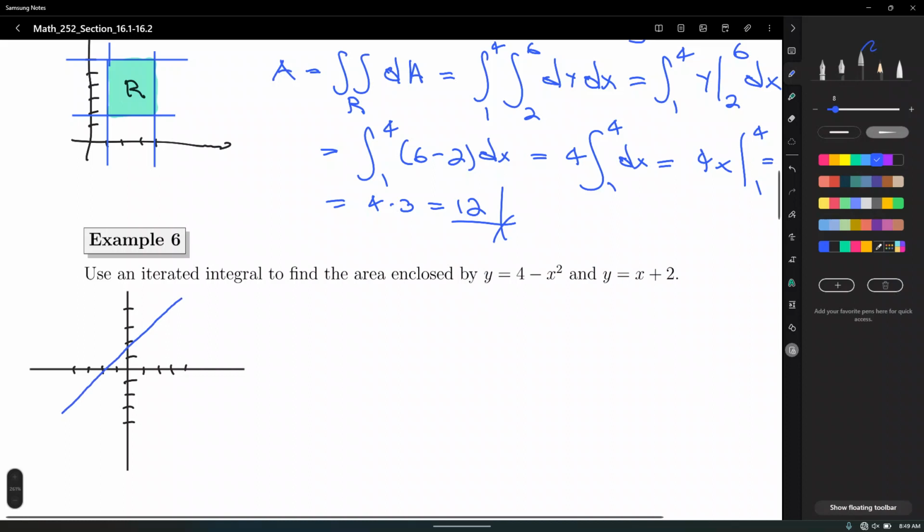Okay? Well, roughly. Okay, that's going to give us this line right here. And the parabola 4 minus x squared with intercepts at plus and minus 2, going all the way up to 4. Okay, that's going to be this parabola.